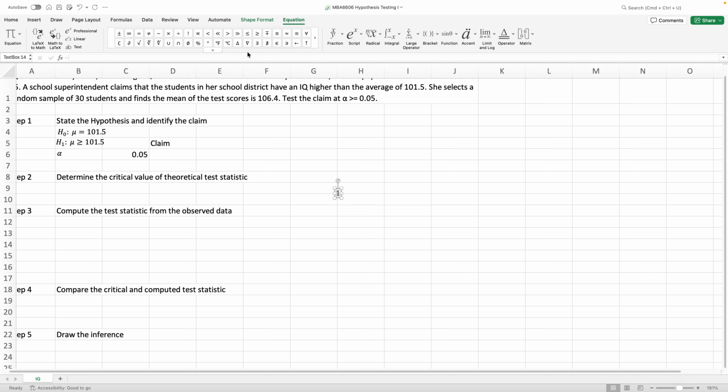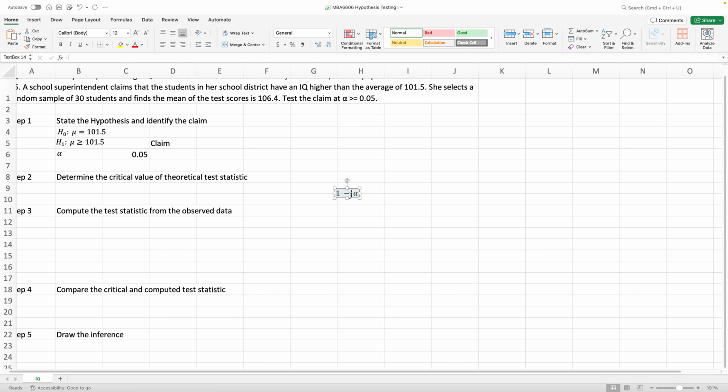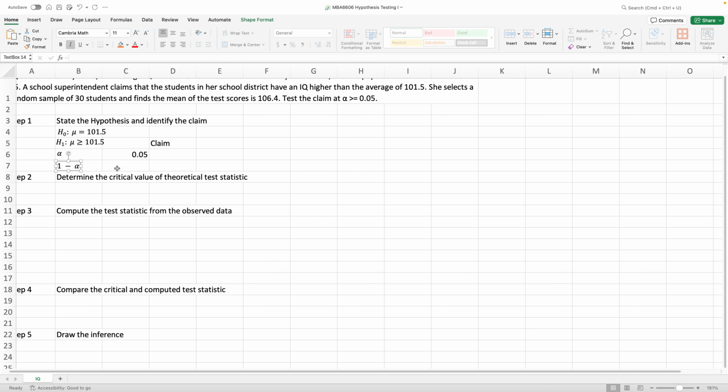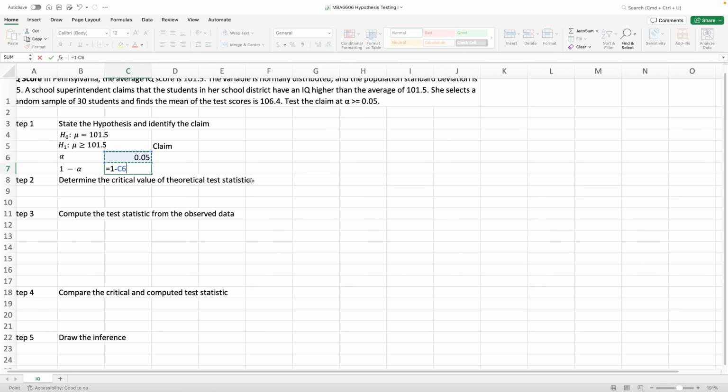One minus alpha, which is our confidence level, I can just drag and put it here. Maybe I can put it here. Is equal to 1 minus 0.05.